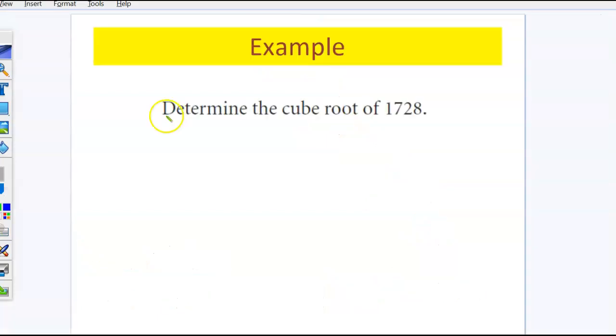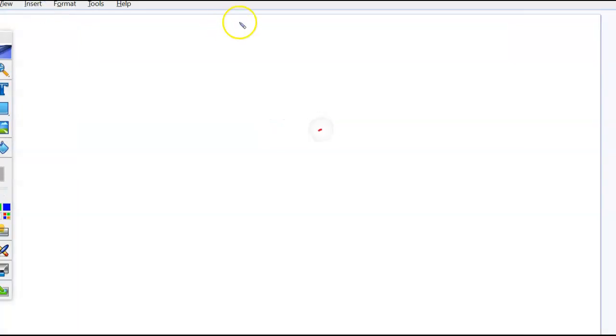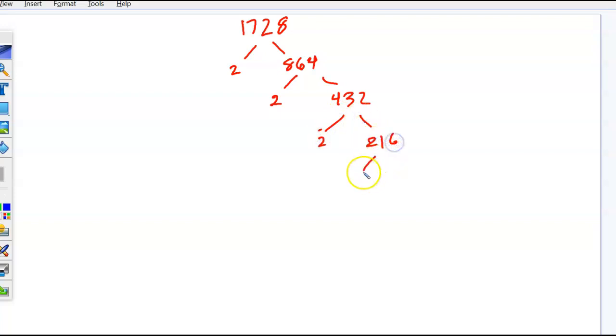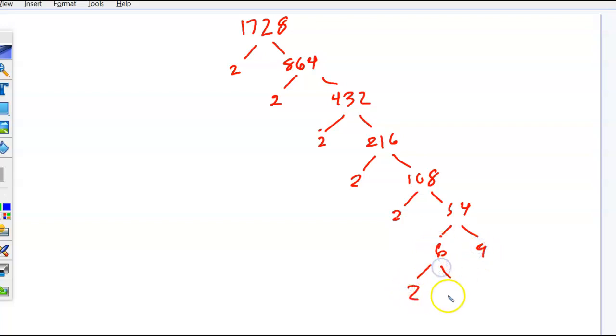Okay, so now we're going to look at determining the cube root of 1728. Same idea as before. We're going to start with our 1728, and break it down to its prime factors. So 2 times 864. 864 is 2 times 432, which is 2 times 216, 2 times 108, 2 times 54, which is 6 times 9, 2 times 3, and 3, and 3.